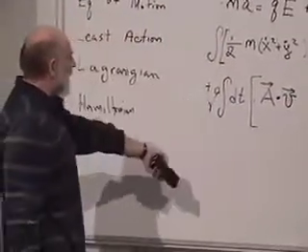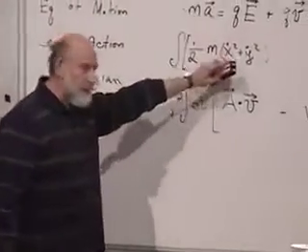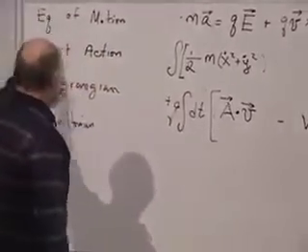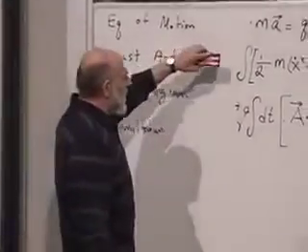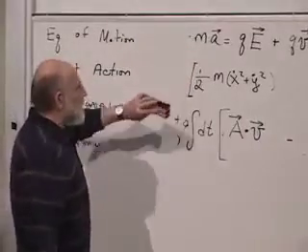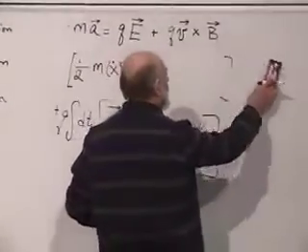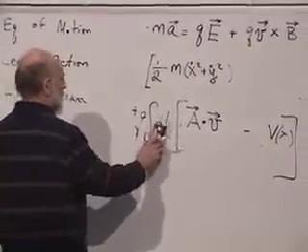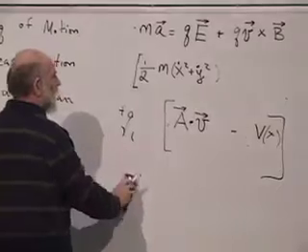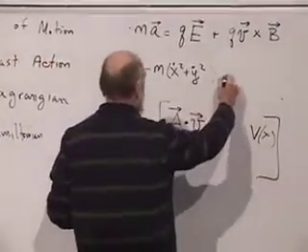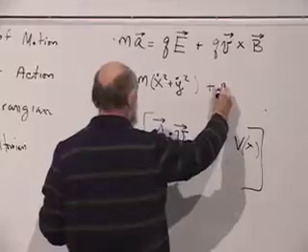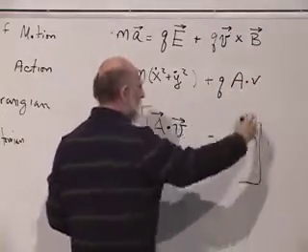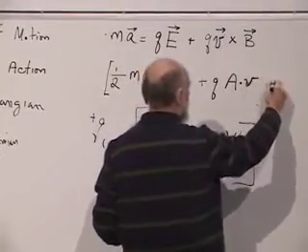So that's our Lagrangian. This is our principle of least action. The true trajectory minimizes the action. And it immediately tells us what the Lagrangian is. To get the Lagrangian, all we have to do is erase the integration signs and the Lagrangian is plus q times A dot little v, minus V of x.